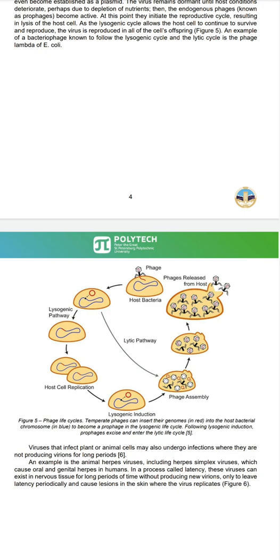Okay, the phage comes to the host bacteria, and then the lysogenic pathway. We have an insertion into the DNA, host cell replication, because the bacteria has binary division, and then lysogenic induction. Again, we have a lysogenic induction.